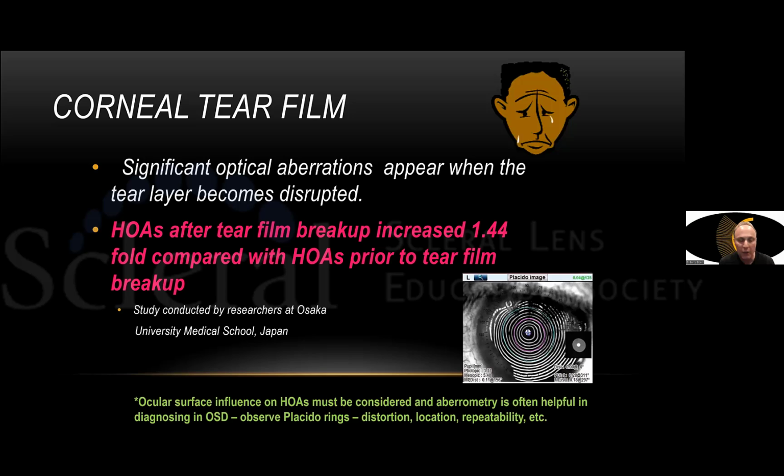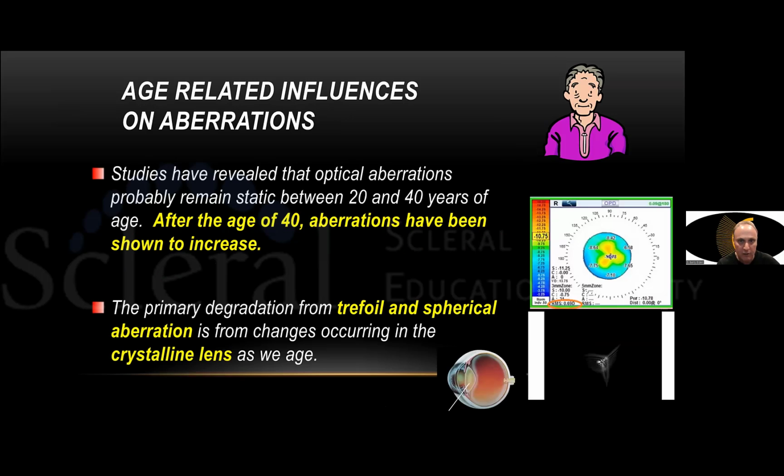And often you'll see variability in those readings, especially with these integrated aberrometers we'll talk about that use placido maps. And we'll see the placido distortion changing from one measurement to the next. Or if you did a video, you would see it change over time. And we've seen many, many cases where we can measure improvements in high order aberration measurements when we manage a dry eye patient or ocular surface disease patient.